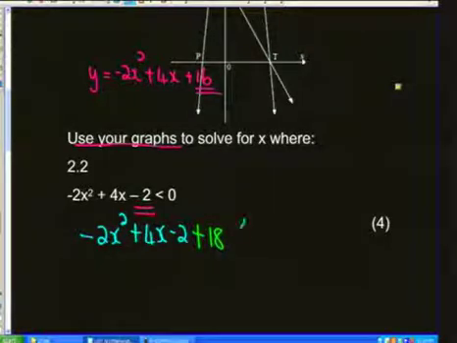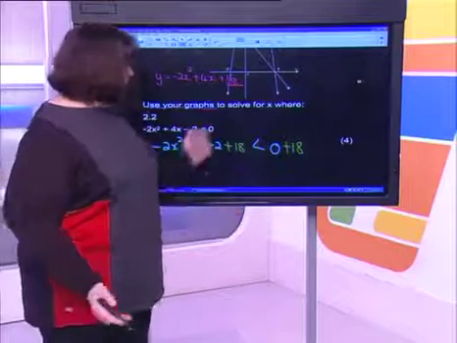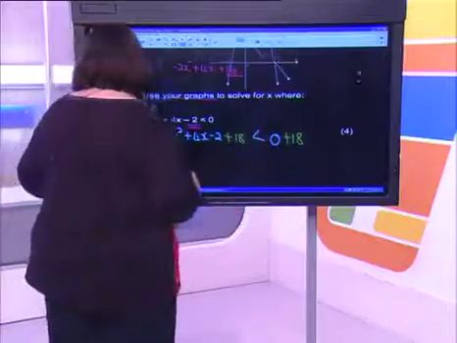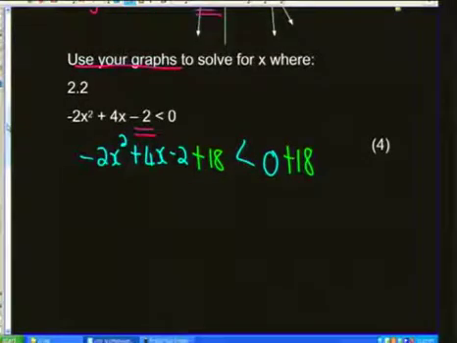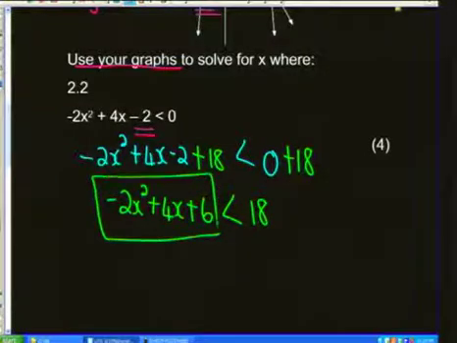But if I add 18 on one side of the inequality, I have to add 18 on the other side as well. Otherwise, it's not going to look the same. Now, once I'm here, this is good news, because now if I tidy this up, I've got minus 2x squared plus 4x plus 16 smaller than 18. And now I have my graph. So at this stage, I can say f of x smaller than 18.